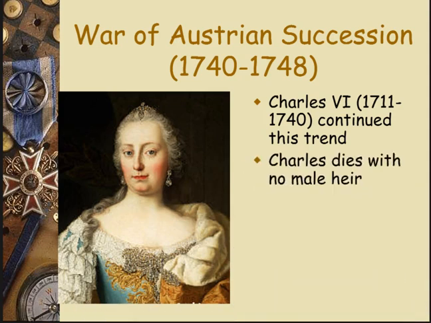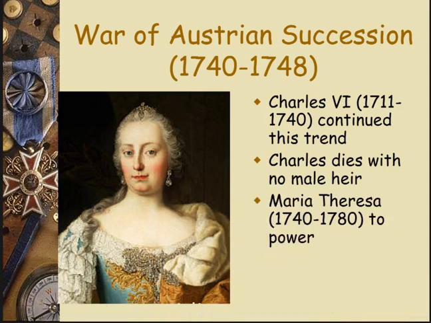In the middle of the 18th century, 1740 to 1748, Charles VI, who continues on with the same kind of pattern in Austria, when he knows he's approaching his death, he actually has no male heir. He has a daughter. Her name is Maria Theresa, but he has no son.